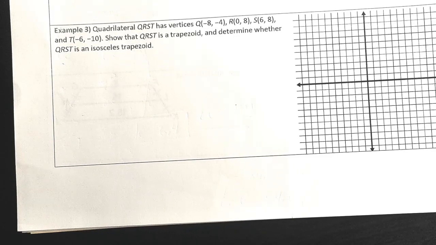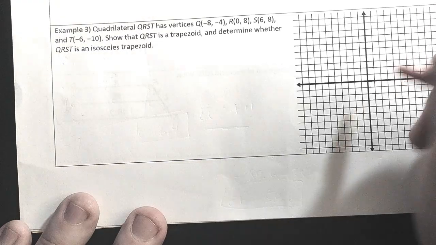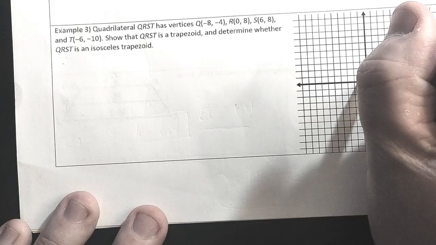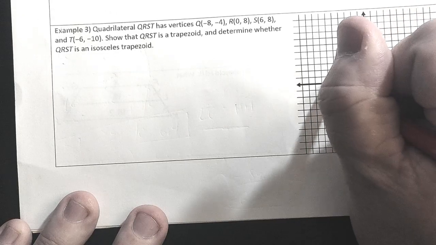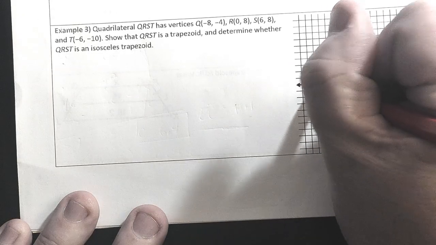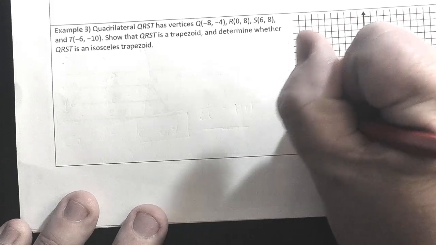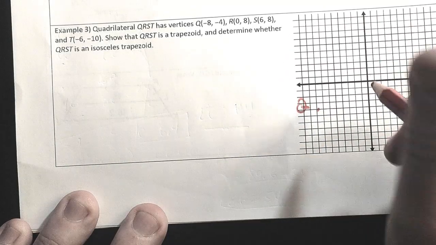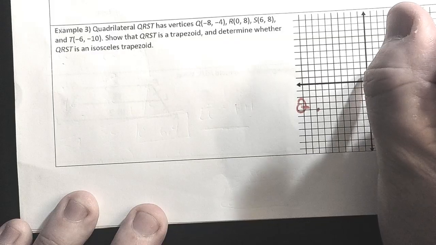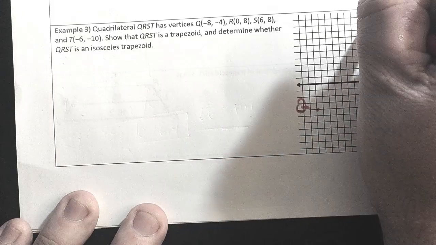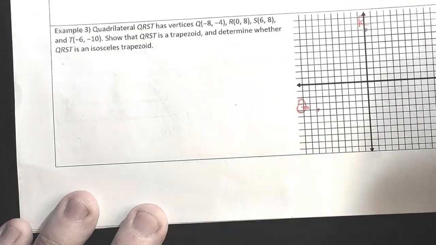So let's go ahead first and plot our points. So we go -8, so 3, 4, 5, 6, and then -4, so down. So this is Q. R is 0, and then it goes up 8. 1, 2, 3, 4, 5, 6, 8.